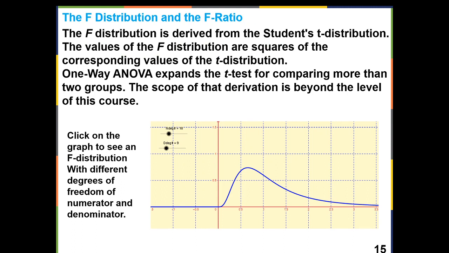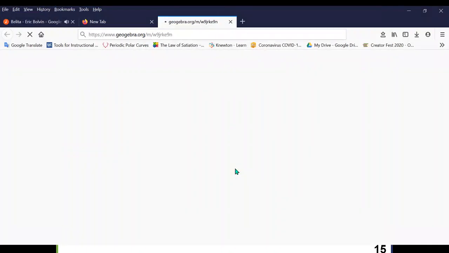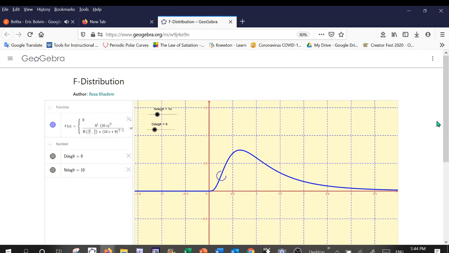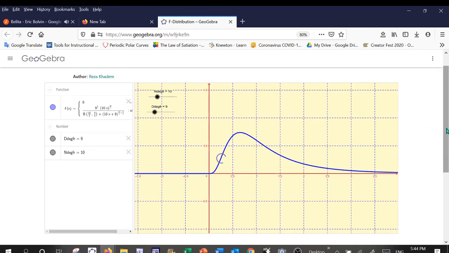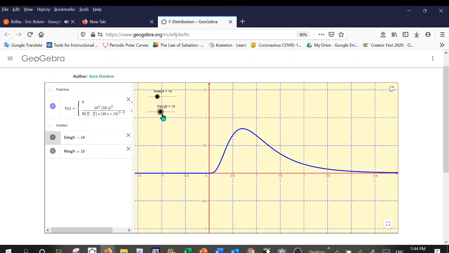All right, so let me show you what the distribution actually looks like when you graph it with different degrees of freedom. So if you graph the F distribution and change the degrees of freedom of numerator and denominator, you see the shape of it changes.